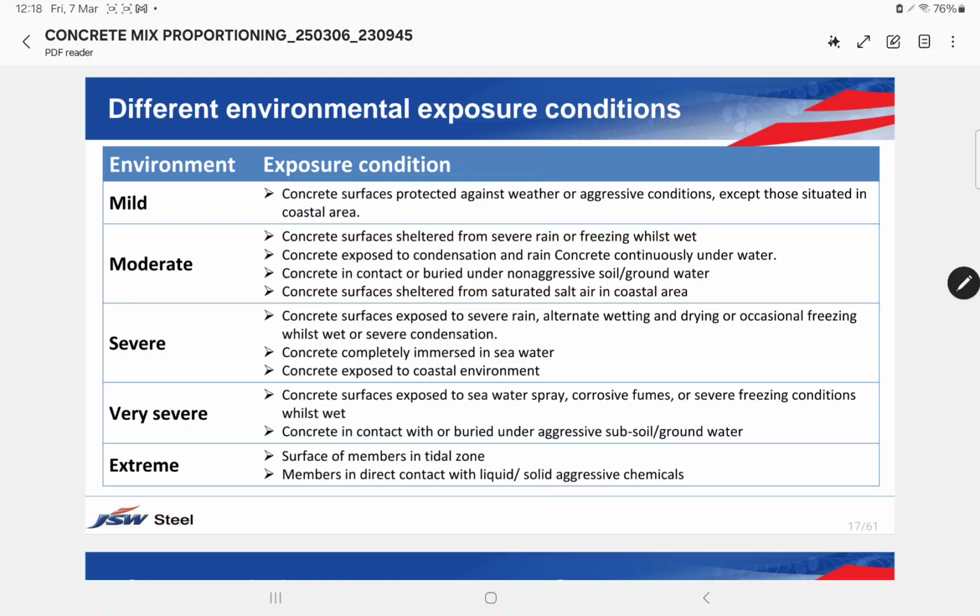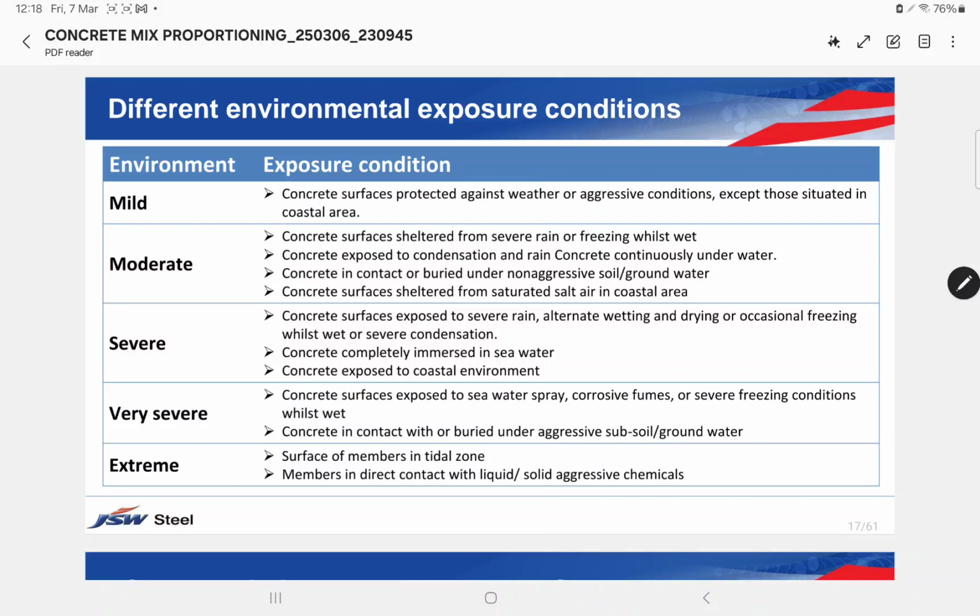Based on the location, area or function of that structure, you have to decide which environmental exposure condition it belongs to, whether it is coming under mild, moderate, severe, very severe or extreme.